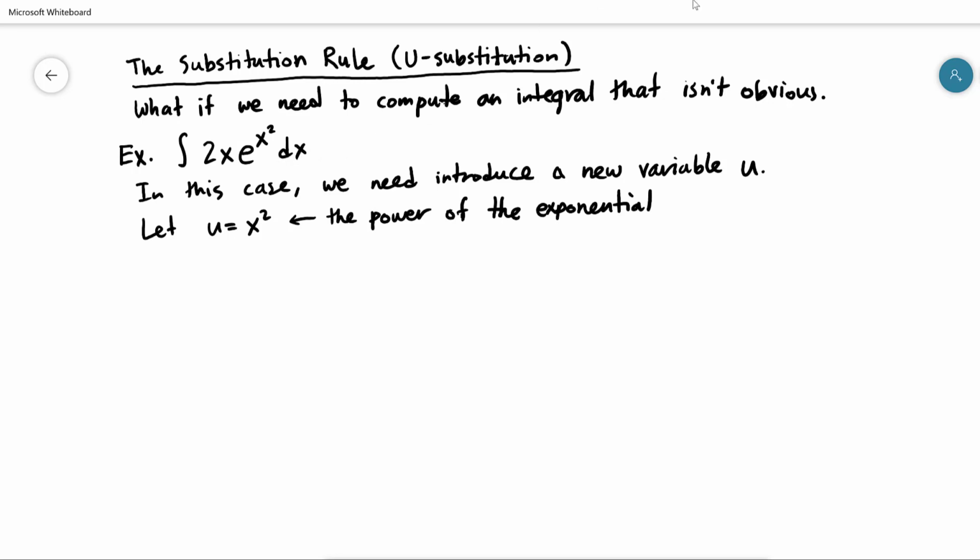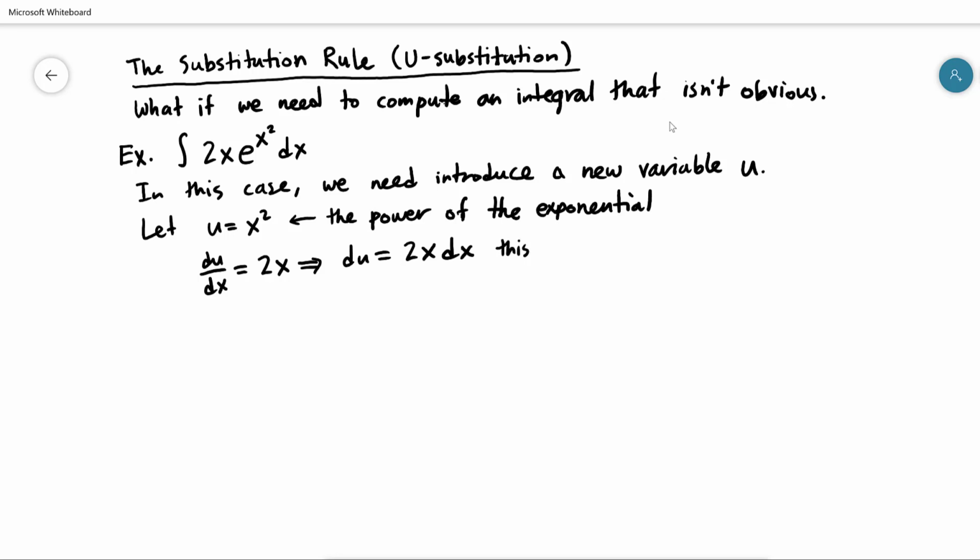And the way that we do that is by trying to take some derivatives so we can find what that differential is. So for example, du dx is going to be 2x. So I literally am taking my expression for u and I'm taking the derivative to find what du dx is. And then I can multiply both sides by the differential dx, and I can split this into du equals 2x dx, which is our new differential.